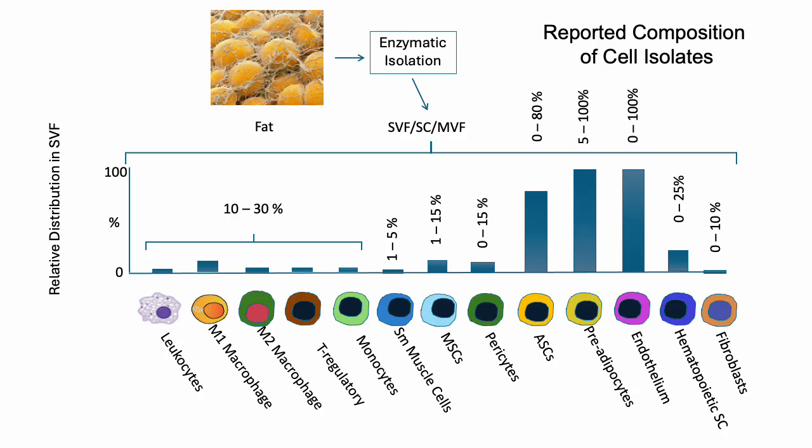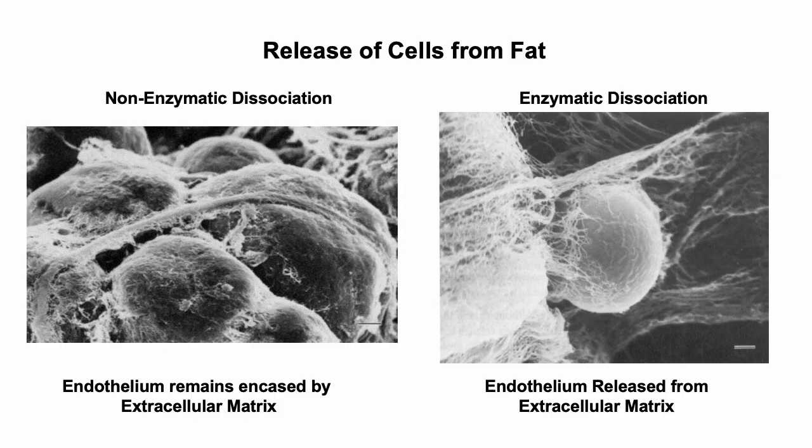And there is a fair amount of controversy as far as the presence of pericytes. As I've talked about before, there are very, very few pericytes in the microcirculation of fat. So investigators that find 15%, that's about the highest number I've found, 15% pericytes per total population of SVF cells, this is probably due to errors in the markers that are used to identify these pericytes. We just don't see them in situ inside the fat. So there's your variation that goes on there.